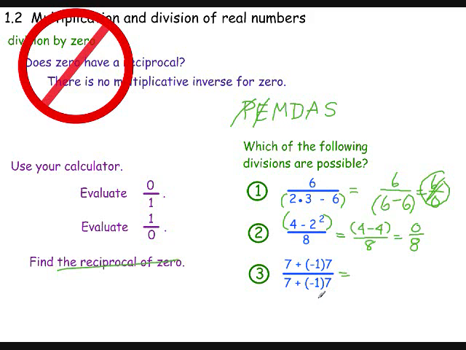Oops, with one exception, and this is it. If your denominator becomes 0, which it does, then that does not equal 1. This is not allowed. We cannot make that division.